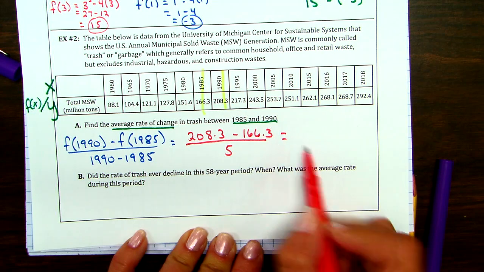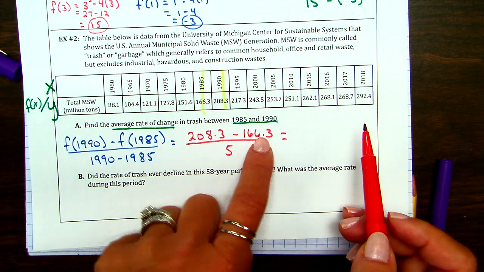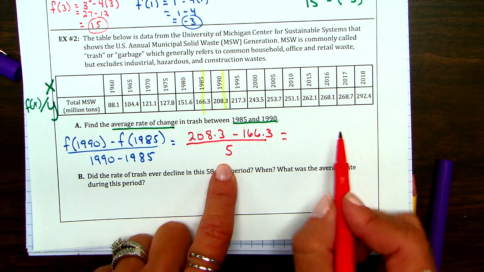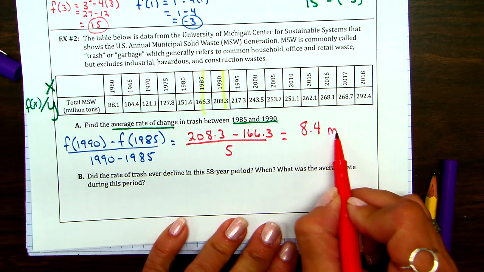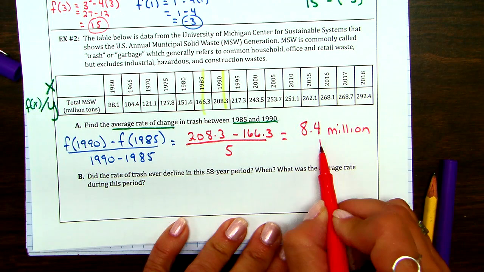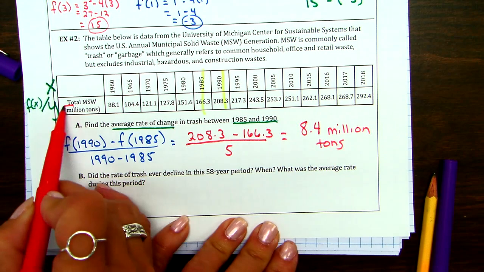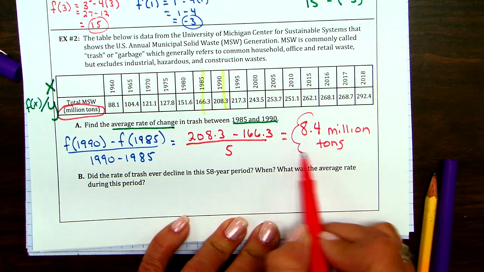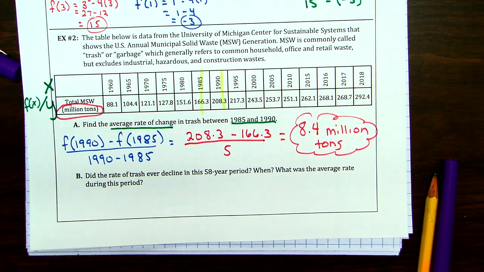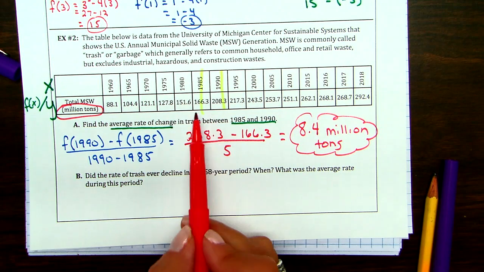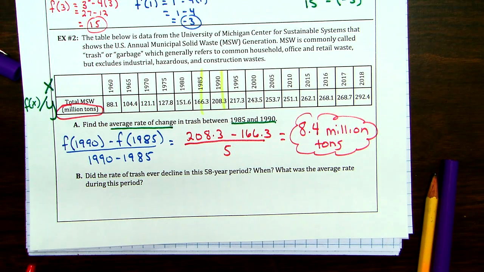And then putting this in my calculator, 208.3 minus 166.3 divided by 5, I will get 8.4, but let's write it correctly, million tons. How did I know that? It says it right here. So that was the average rate of change in those 5 years of increase. It's a positive number. The garbage went up, okay, which we can see right here.